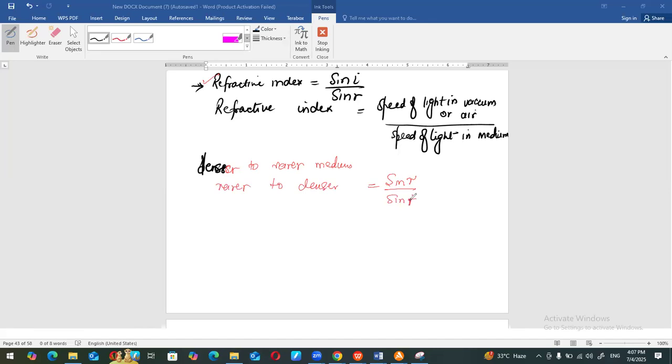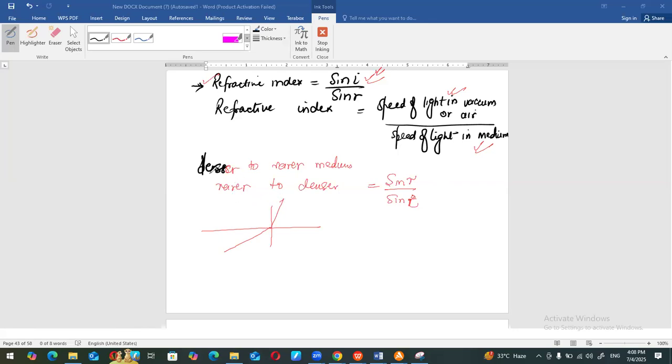So technically speaking, the numerator will always be the angle at the air side. For example, if the light ray goes from air to any medium, this sine i is for the air and this one is for the medium, right? And we know that in the medium the light will be refracted and bent towards the normal.